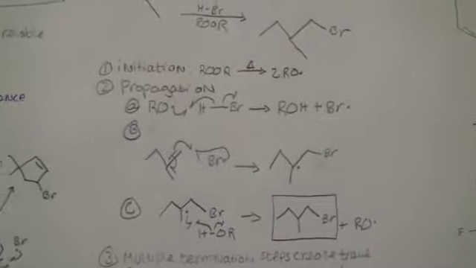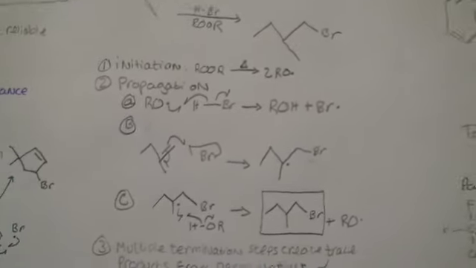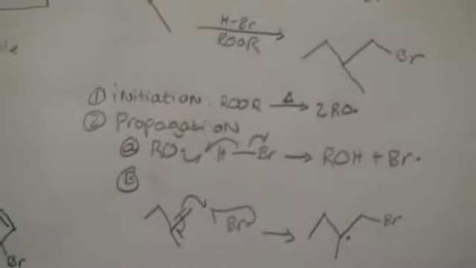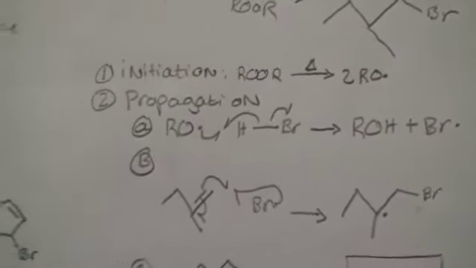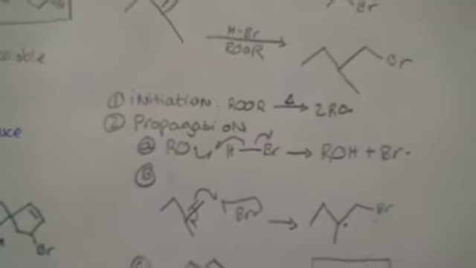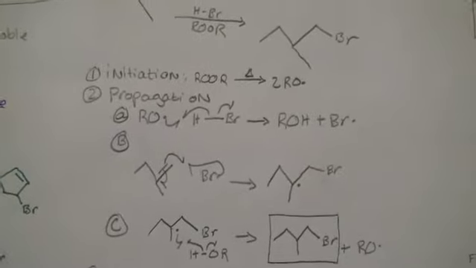Now, I've included the mechanism for the same reason, because they might ask you about what's a propagation step. So the initiation step is the ROR breaks up into two RO dot. The RO dot abstracts a hydrogen from the HBr to make ROH, an alcohol, and Br dot.